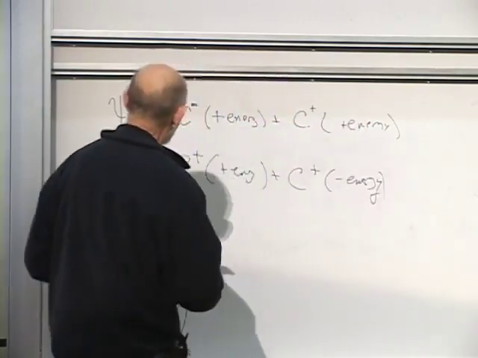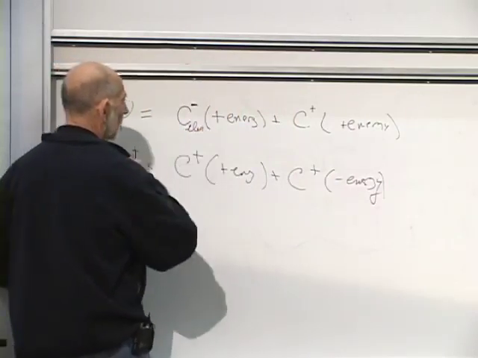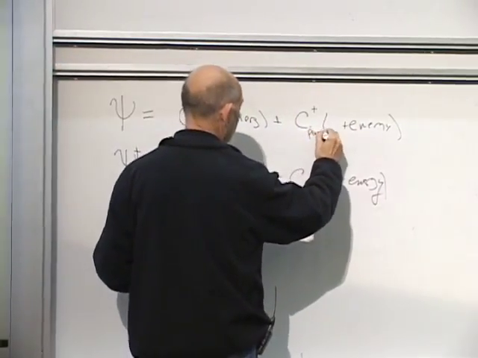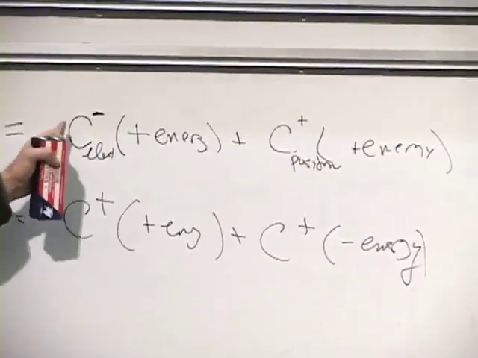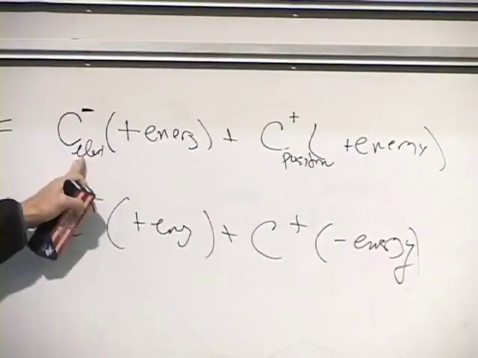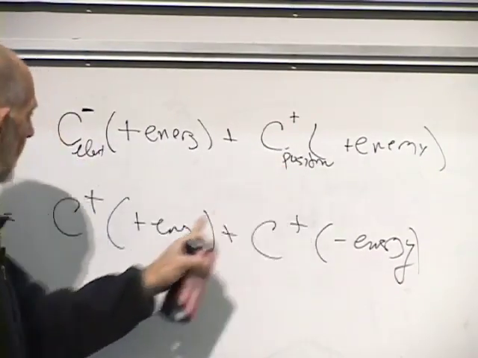Let's indicate now that this is for an electron and this is for a positron. So the Dirac field contains annihilation operators for electrons and creation operators for positrons.